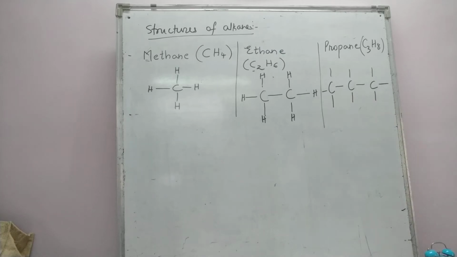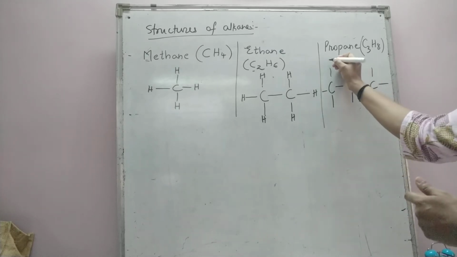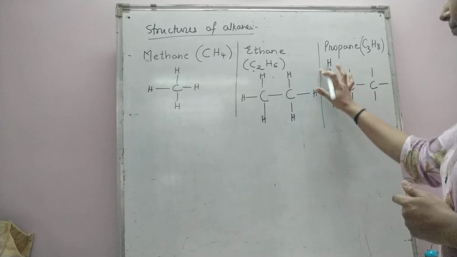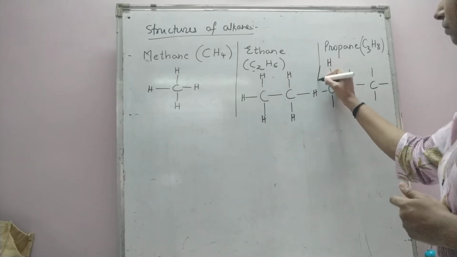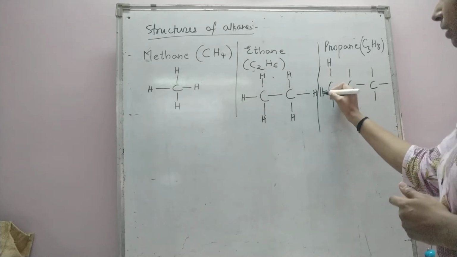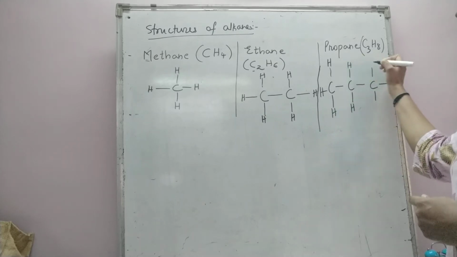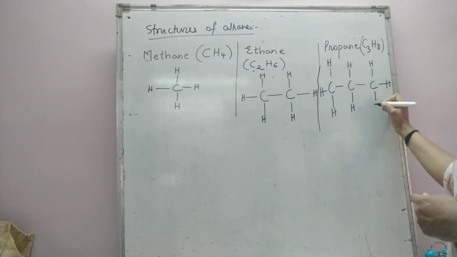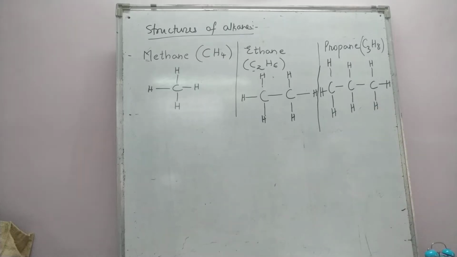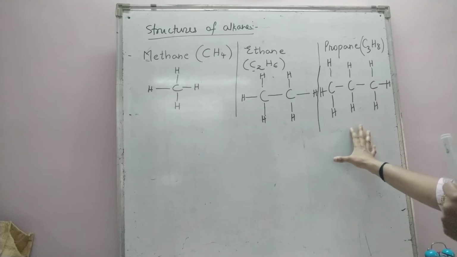Now put the hydrogen atoms. One hydrogen atom will come here. The other hydrogen atom will come here. Hydrogen, hydrogen, hydrogen, hydrogen, hydrogen and hydrogen. So we can write the structure of propane like this.